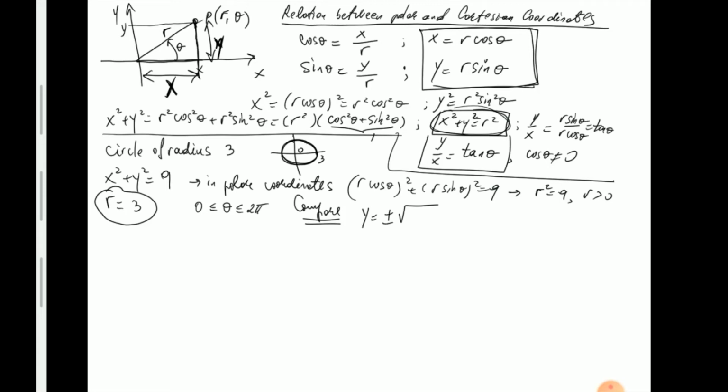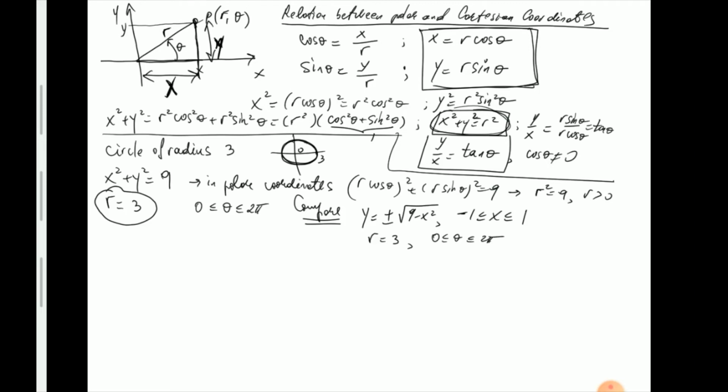So if I get y by itself, I get this equation for the circle, 2 branches, plus minus square root of 9 minus x squared. Compare that with the polar representation, which is r equals 3 with theta between 0 and 2 pi.